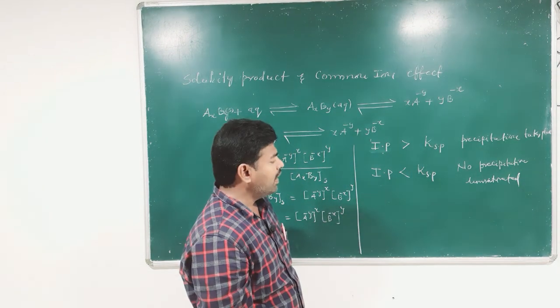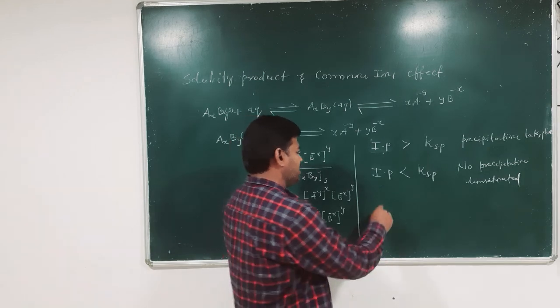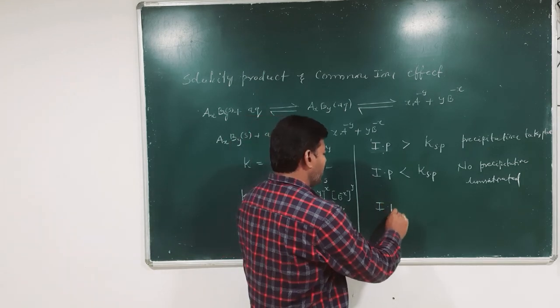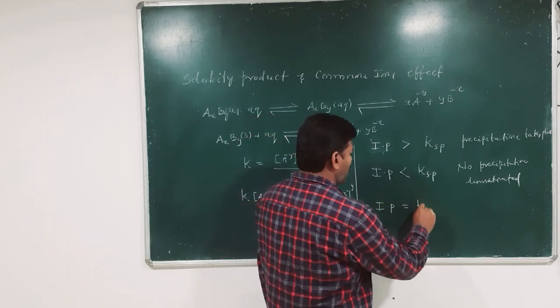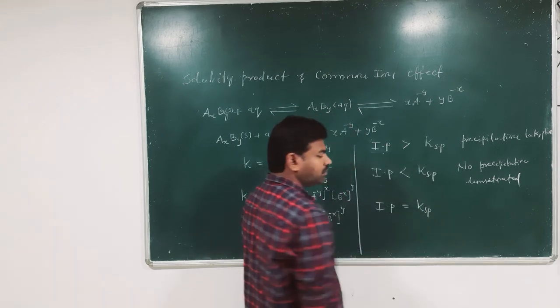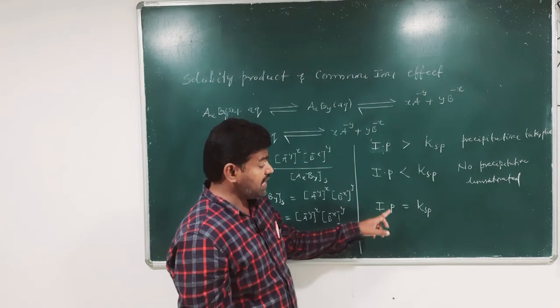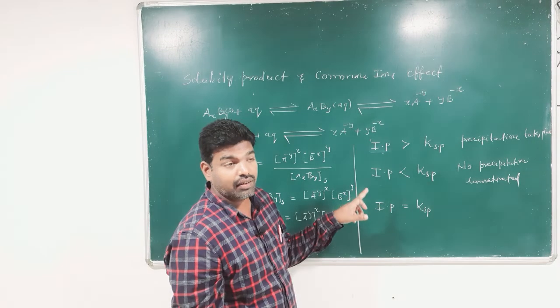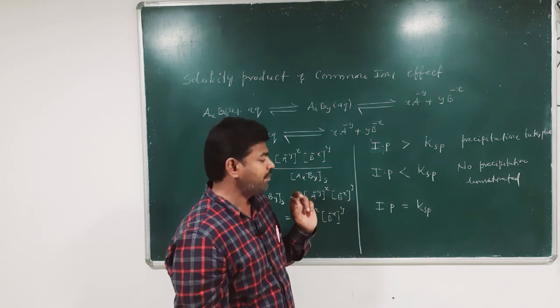And the third case is ionic product equal to solubility product. This is the case with very much significance.